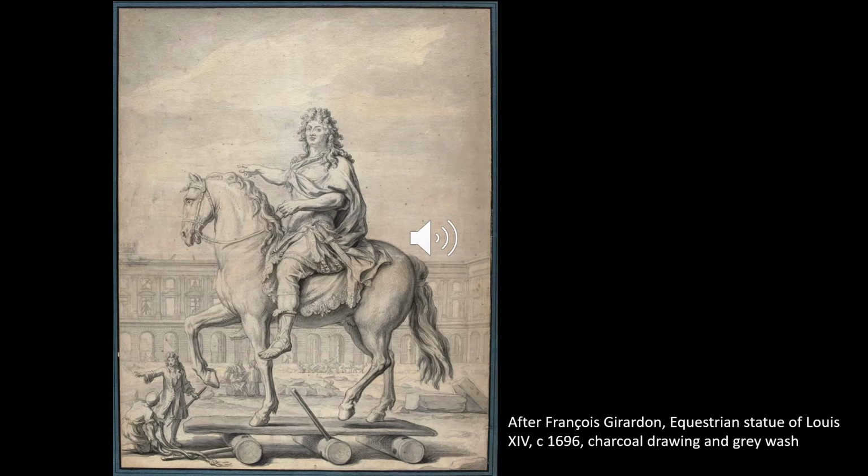So this is a sober, a calm, a monumental sculpture, depicting the king in this imposing way, showing him with a kind of classical majesty worthy of antiquity.